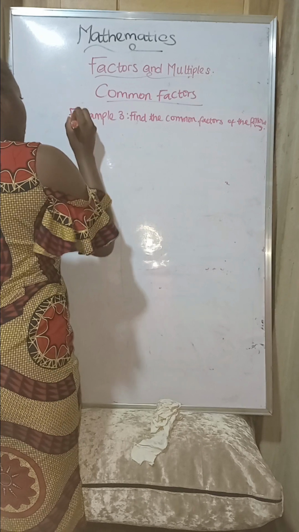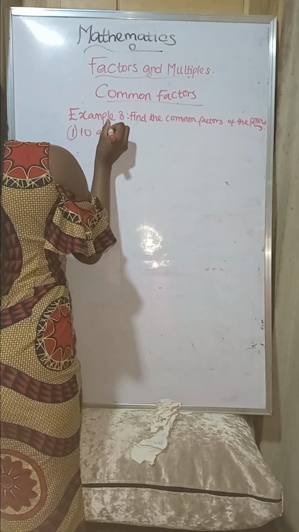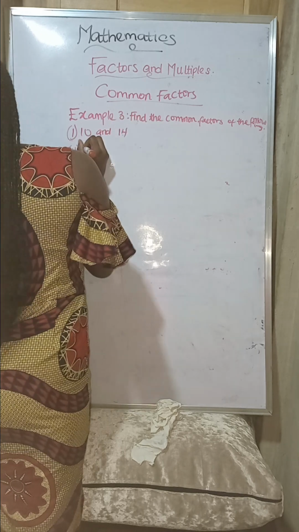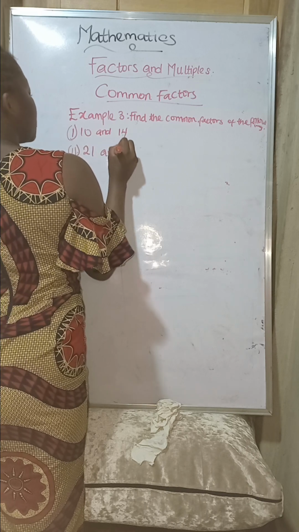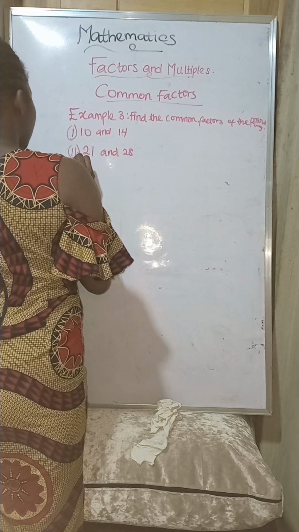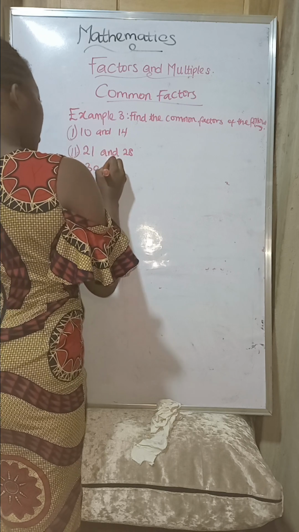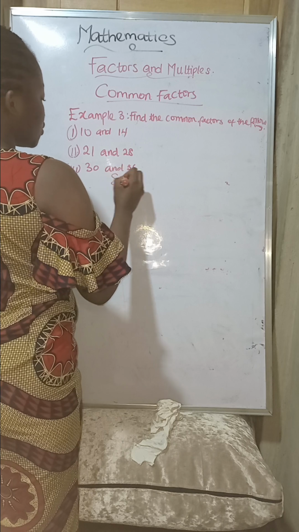Number 1 is 10 and 14. Number 2 is 21 and 28. Number 3 is 30 and 36. So, solution.